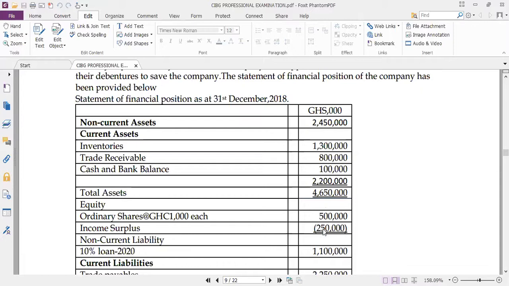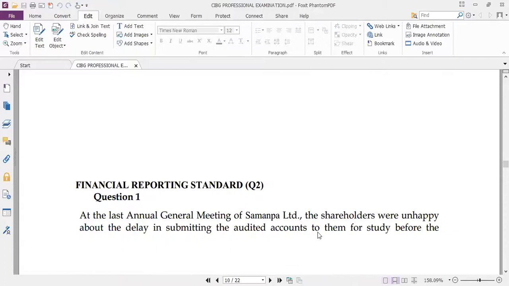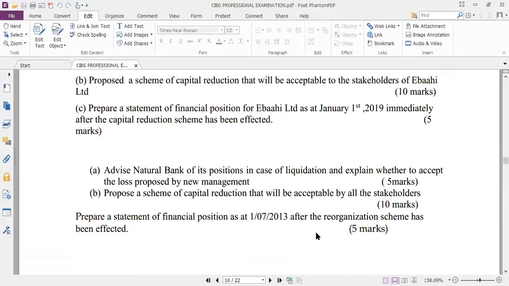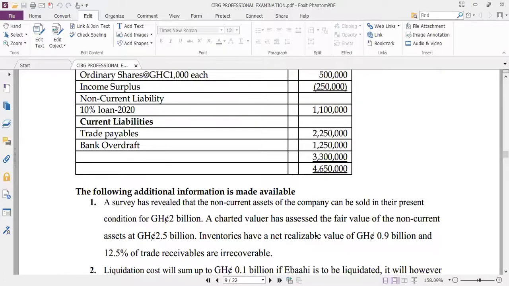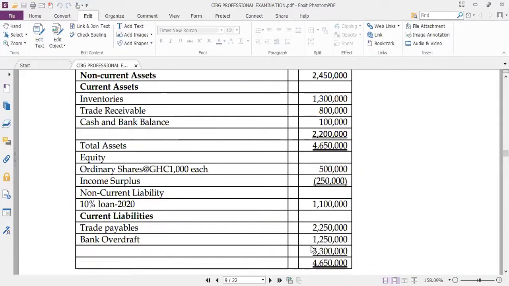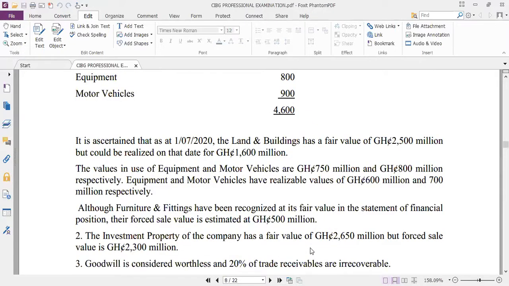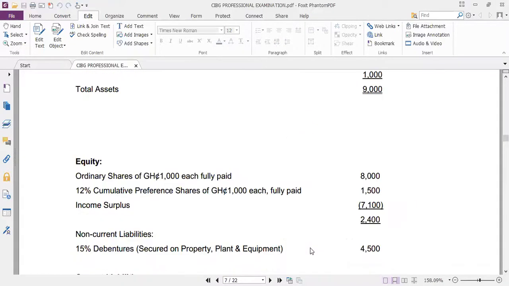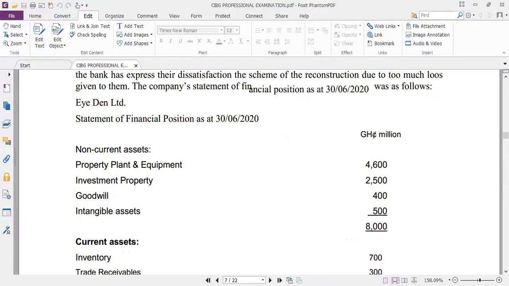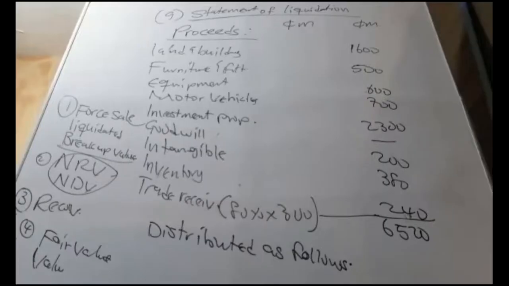This is a typical exam question. Look at your financial position. Now you go through this, you'll be fine.